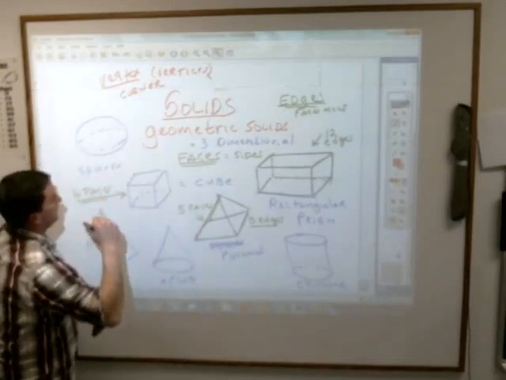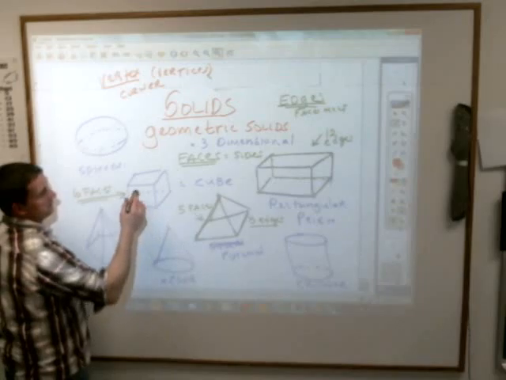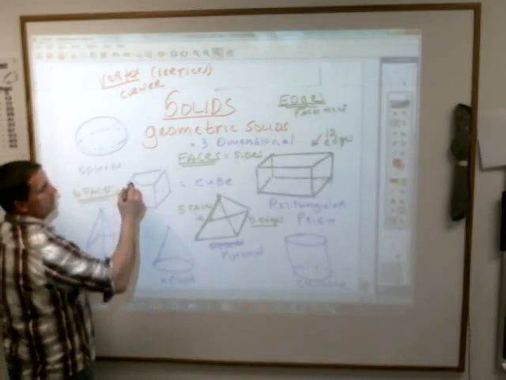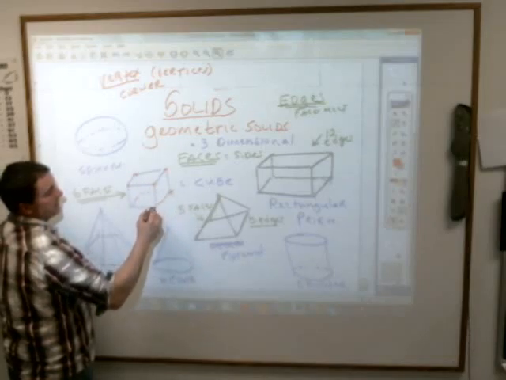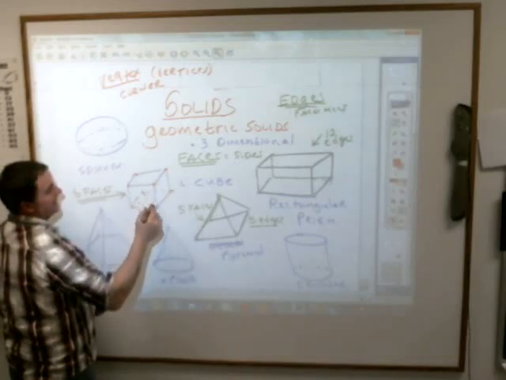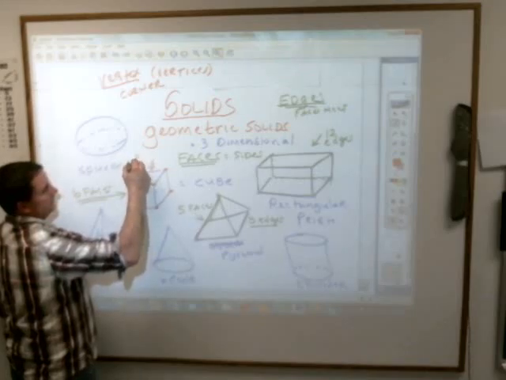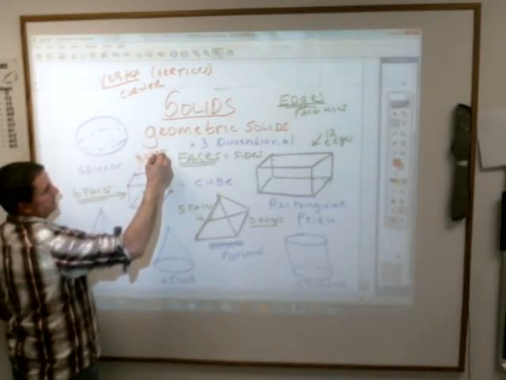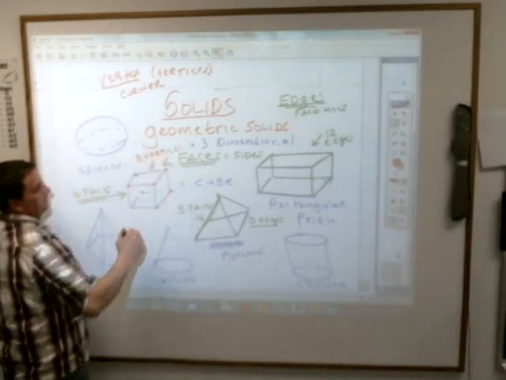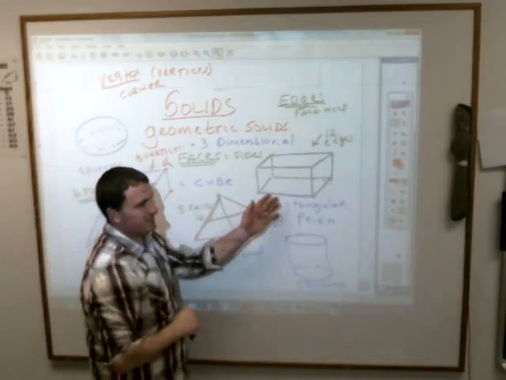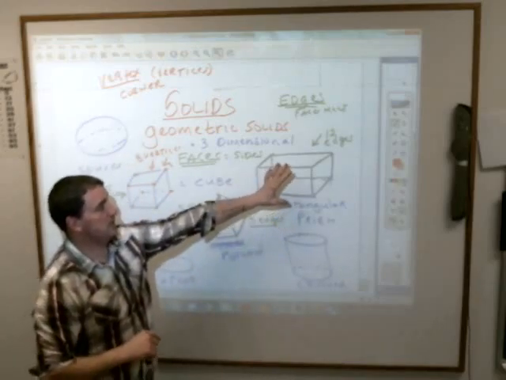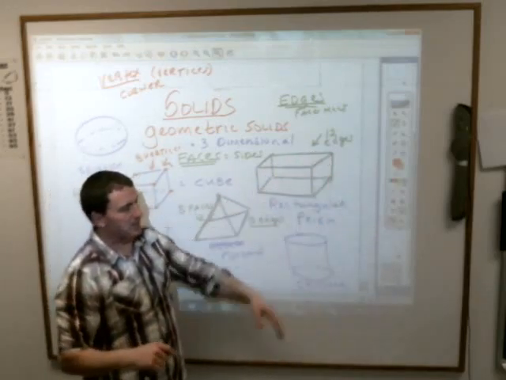Okay. So if you're looking at vertices, on this dice shape we have 1, 2, 3, 4, 5, 6, 7, 8 vertices. Pretty much every rectangular prism, dice, or cube is going to have 8 vertices. It's not going to change based on its size.